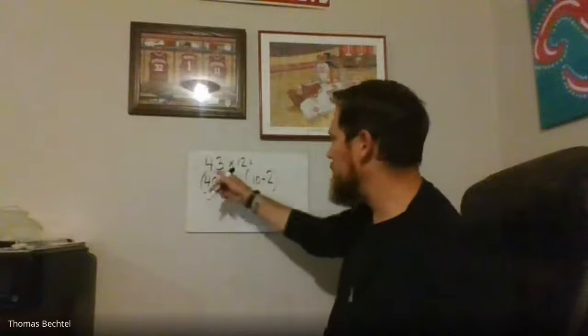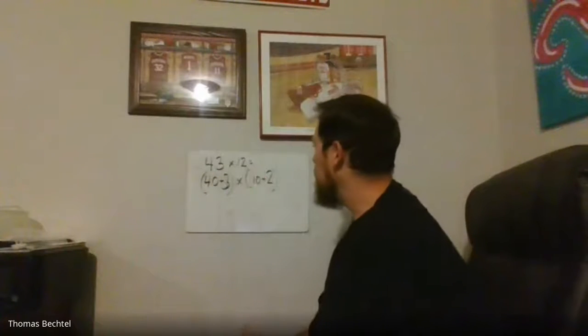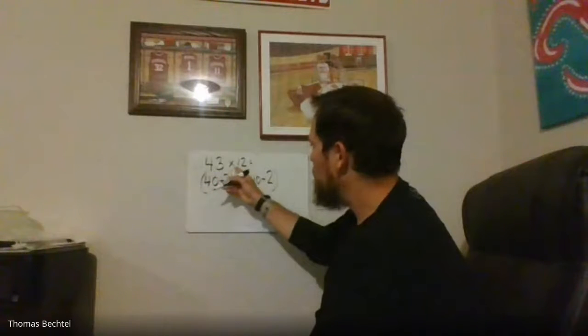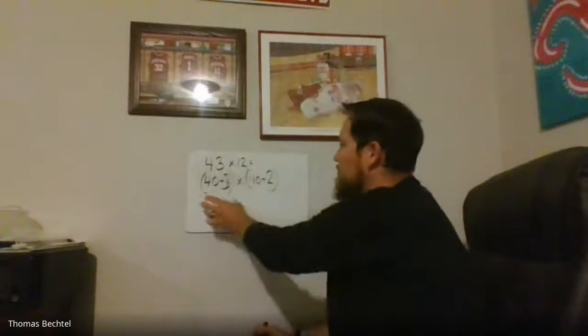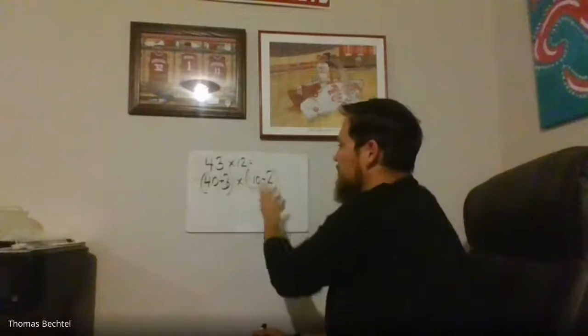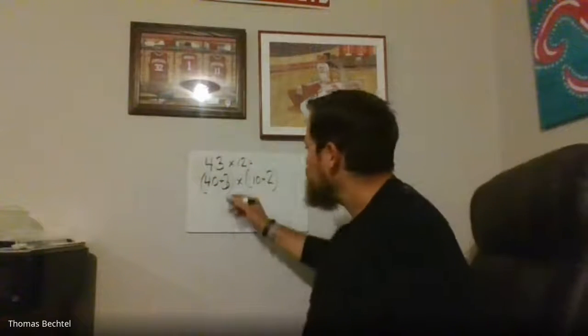So when we look at this as 40 plus 3 and 10 plus 2, we have to take 40 times the 10 and 40 times the 2, because we're taking all of this times all of this, which we're just breaking apart.